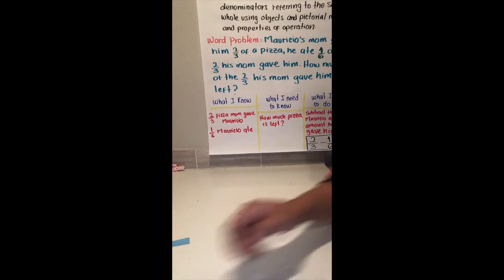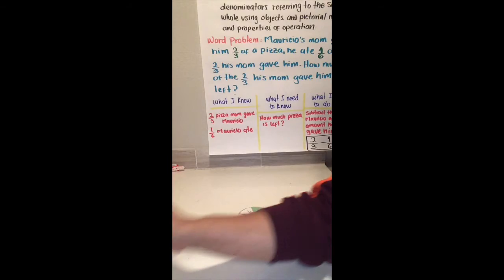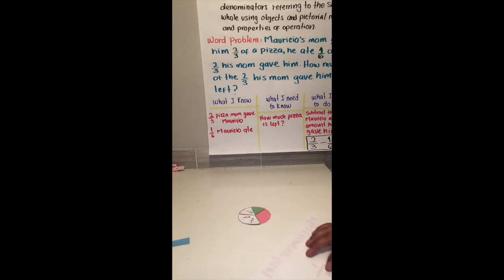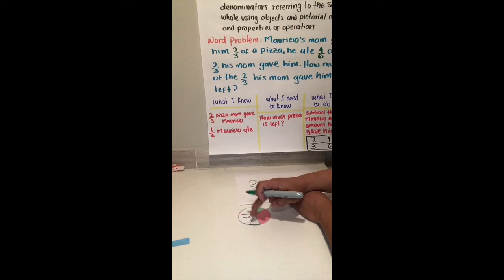Okay, so again, that is my answer. My answer is 3/6. So let's go ahead and write. Out of this area, 2/3 minus 1/6 is equal to 3/6.